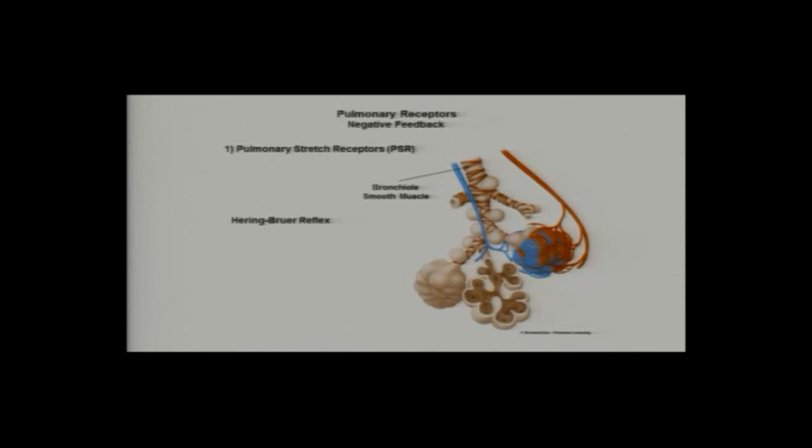All right. So we have a group of receptors that we call the pulmonary stretch receptors. They're actually found in the bronchiolar smooth muscle. They are highly sensitive to stretch, and they're minimally sensitive to irritation.